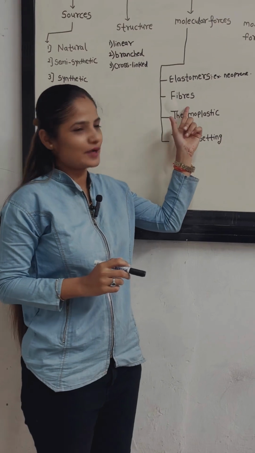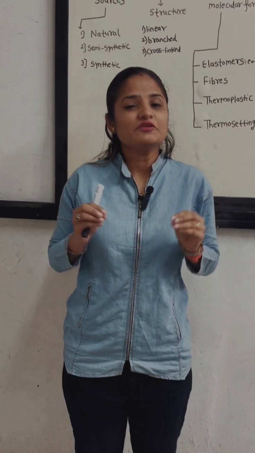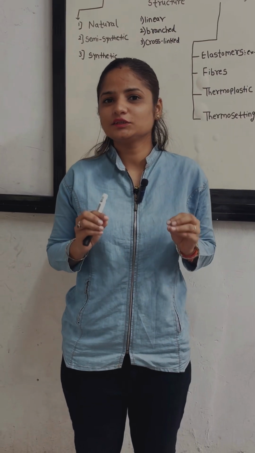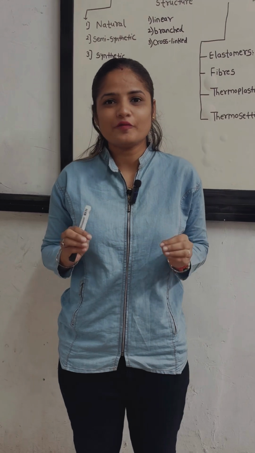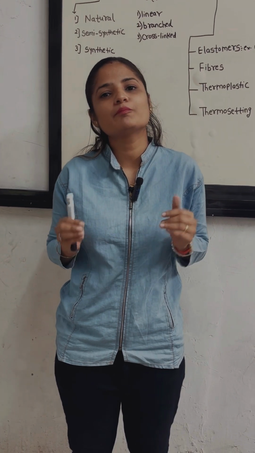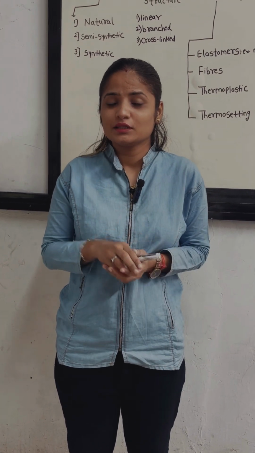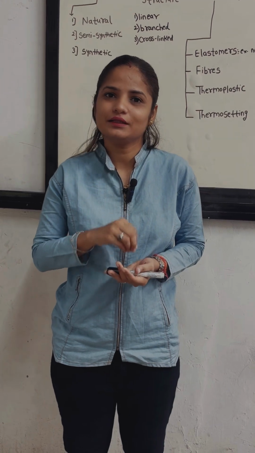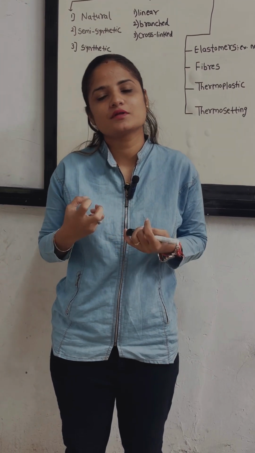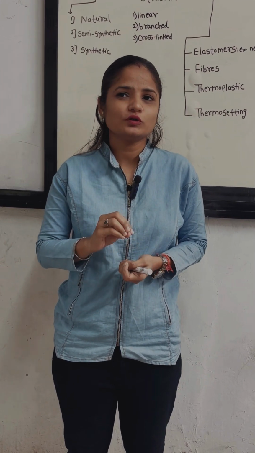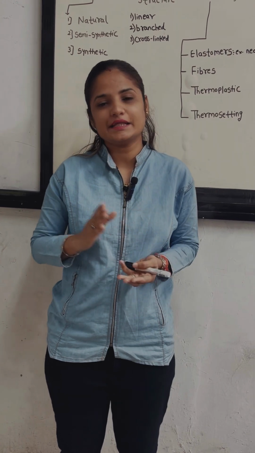Next is fibrous. Fibrous polymers contain strong intermolecular forces of attraction, due to the presence of hydrogen bonding. The hydrogen bonding present in that polymer makes it hard, so fibrous polymers have high tensile strength.